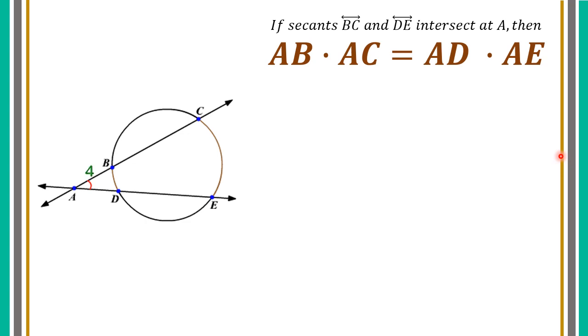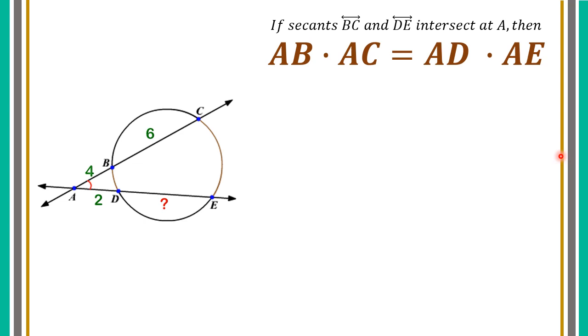So let's say segment AB is 4. I'll not make use of unit of measurement for a while so that we will be able to focus with the numerical values itself. So for BC, we can have 6, and for AD, let's say 2. And you are asked to find out the length of line segment DE.